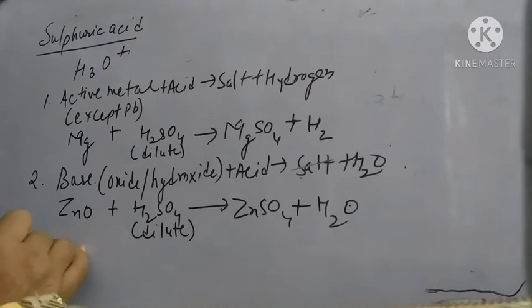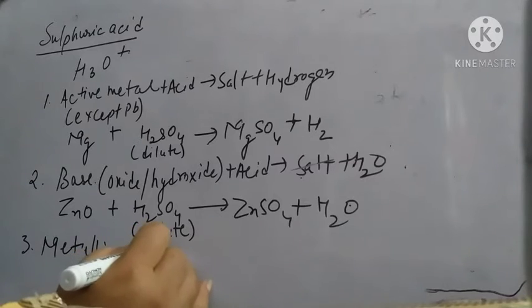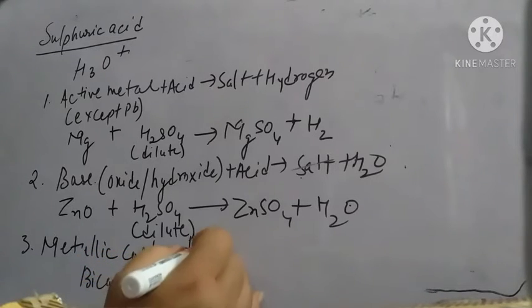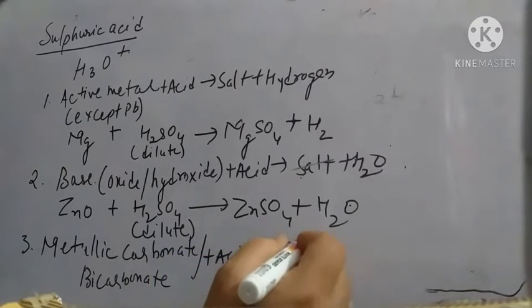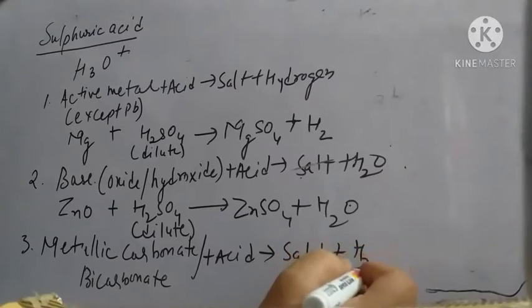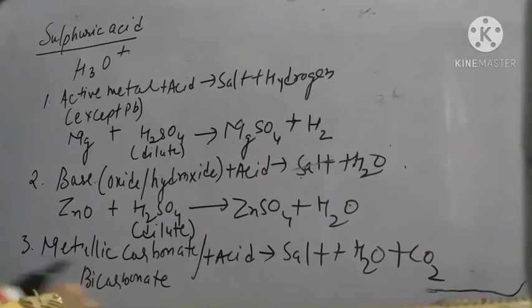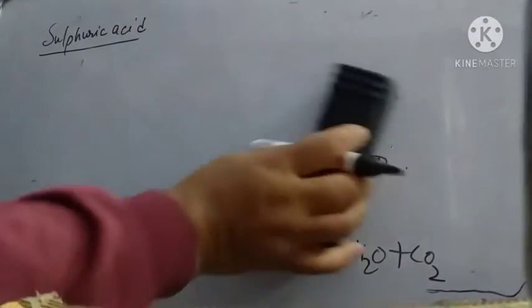Now the third is metallic carbonate or bicarbonate plus acid gives salt plus water plus carbon dioxide. For this reaction we can take the example of any metallic carbonate.